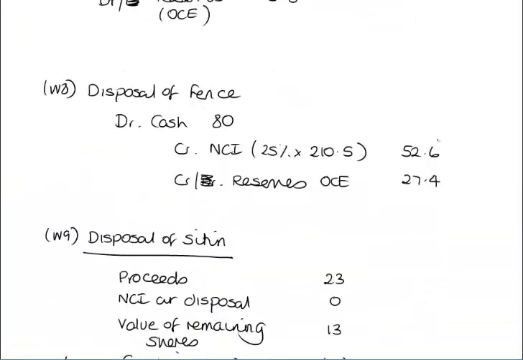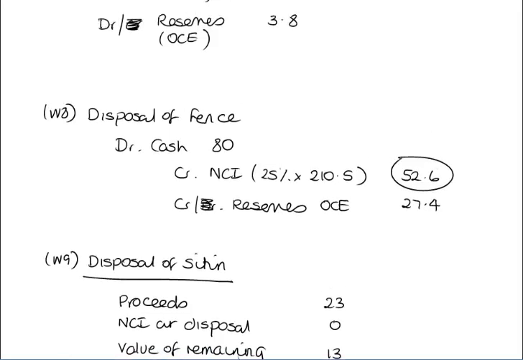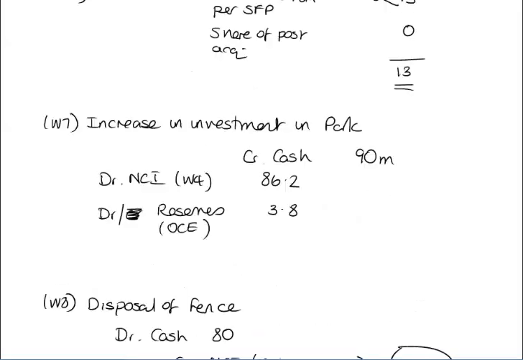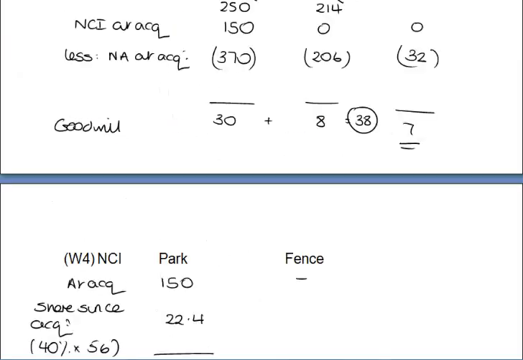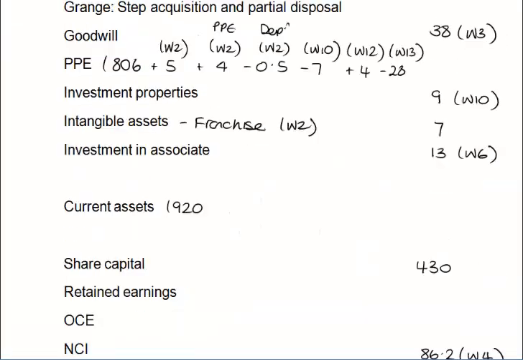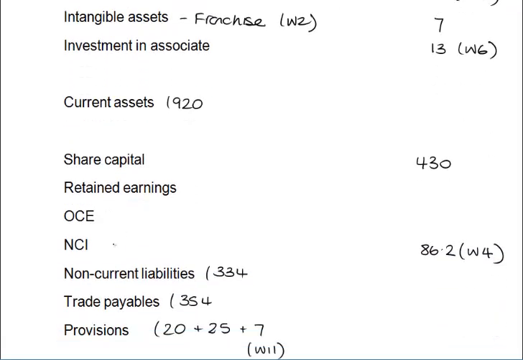So therefore we can work out our NCI, add on 52.6 as far as Fence is concerned, and we've got 86.2. So up to here, NCI, that should be 86.2 plus 52.6. So that gives a grand total of 138.8.